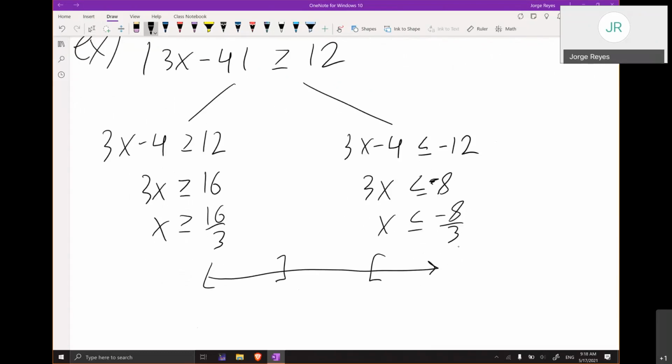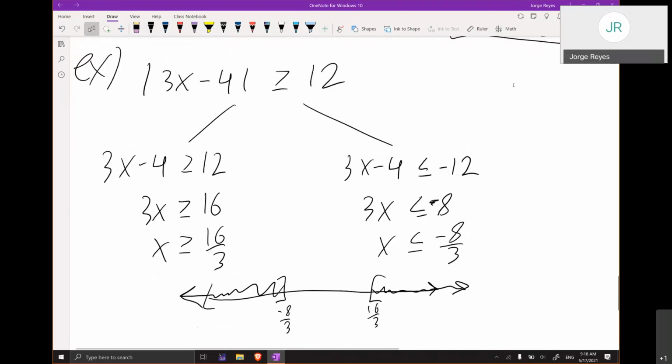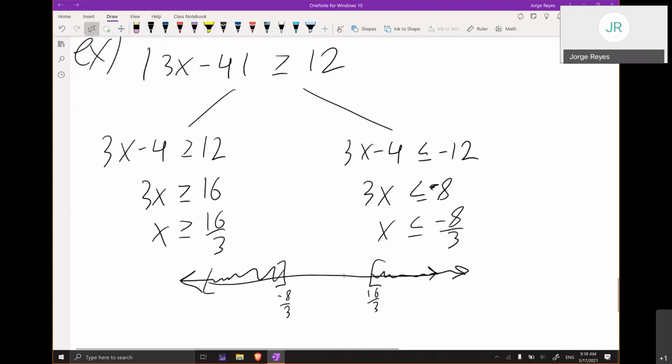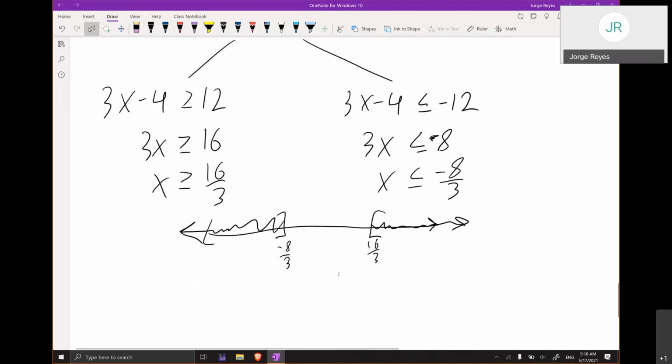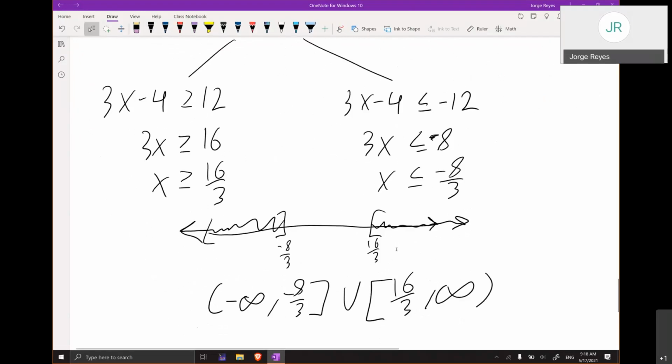It looks like this. It's like the opposite of this one. Here it's a contained little portion; here it's the opposite of the inside chunk. So in interval notation, that's parentheses, negative infinity, -8/3, 16/3, infinity.